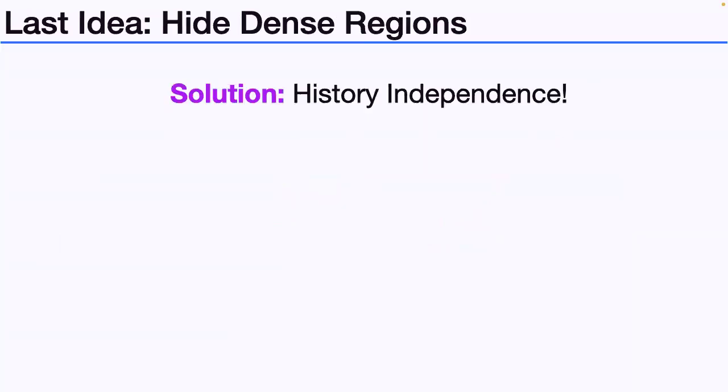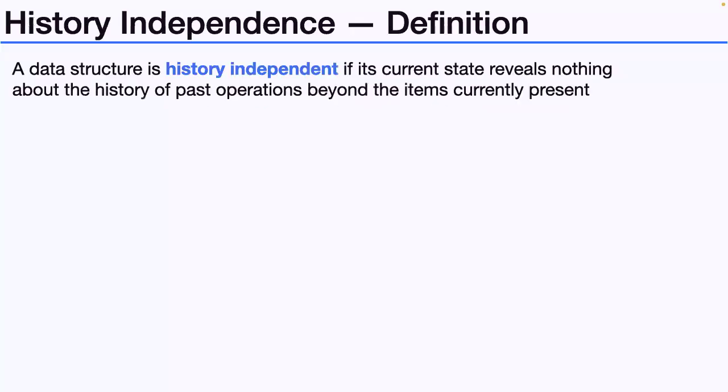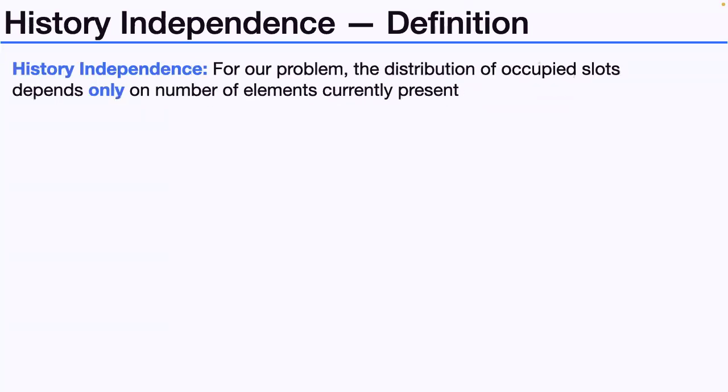So this is where the idea of history independence comes in. As a reminder, in history independence, the current state of the data structure reveals nothing about the past history of operations beyond the items that are currently present. In this labeling, since we actually don't use whatever keys the elements came in with in the first place, we really just care about the relative ranks. This means that the state of the data structure actually only depends on the number of elements that are present at any given time and nothing else.